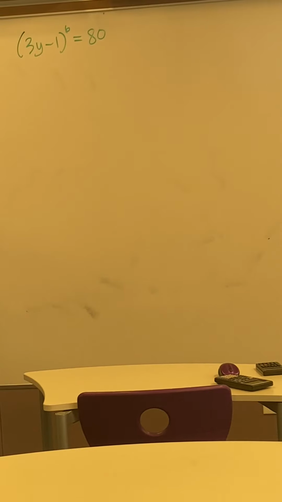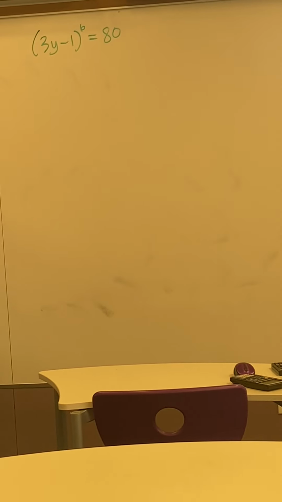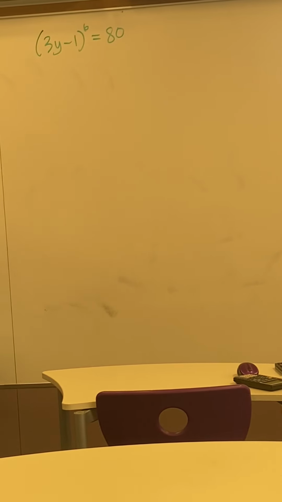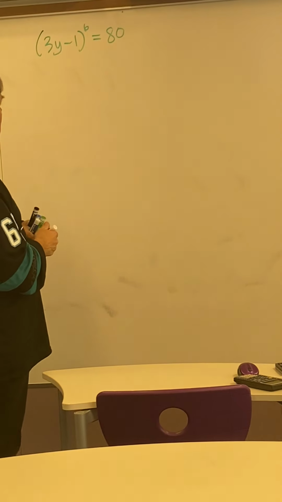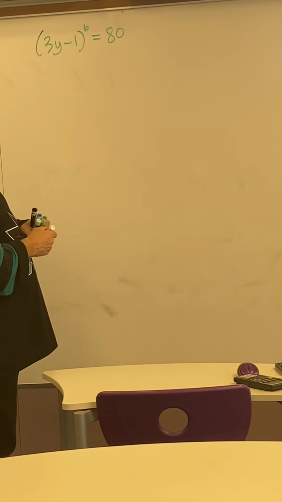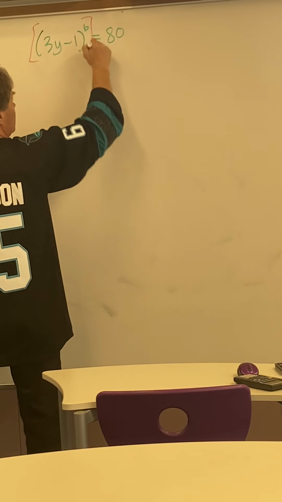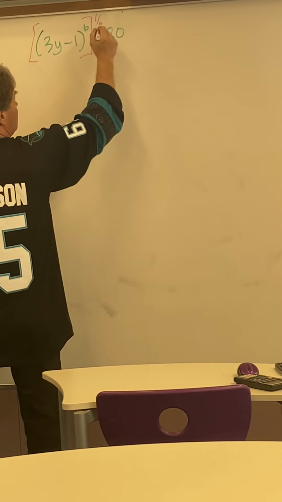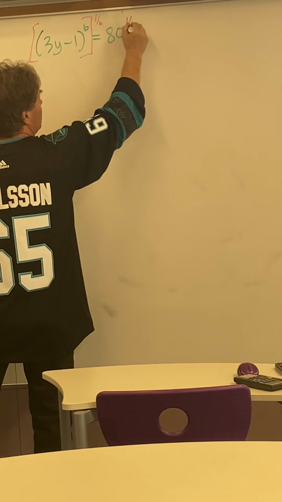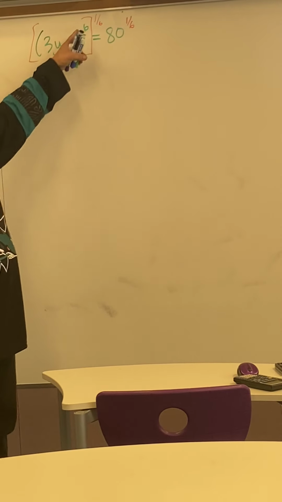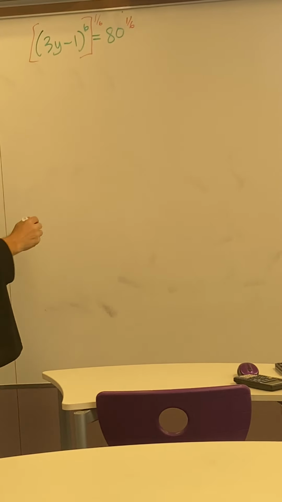Well, a couple ways you could do this. You could take the 6th root, but 6th root is the same as raising to the reciprocal, the 1/6 power. So I'm going to call it raising to the 1/6 power. So I get 80 to the 1/6 power. If I raise this side to the 1/6, got to raise that side to the 1/6.